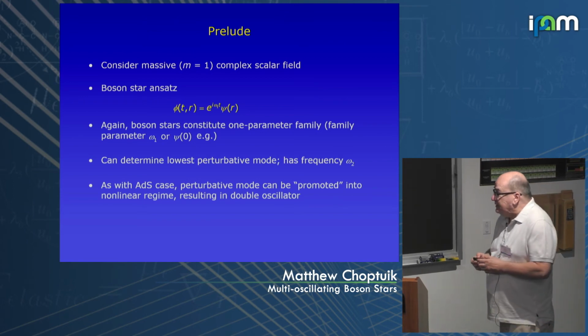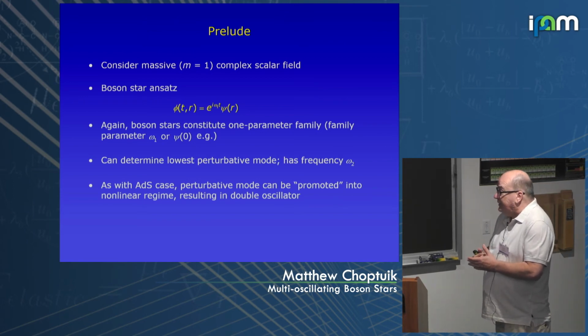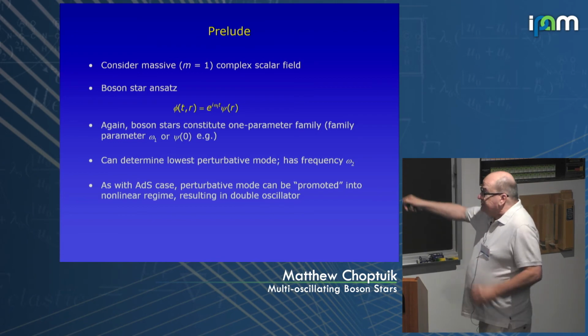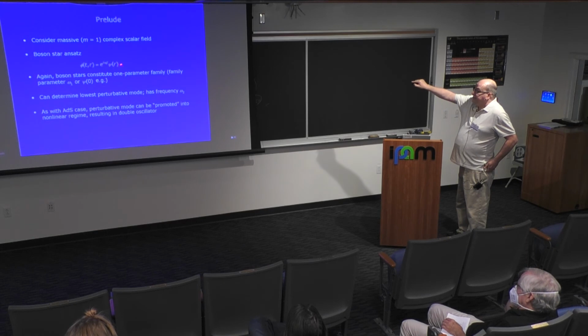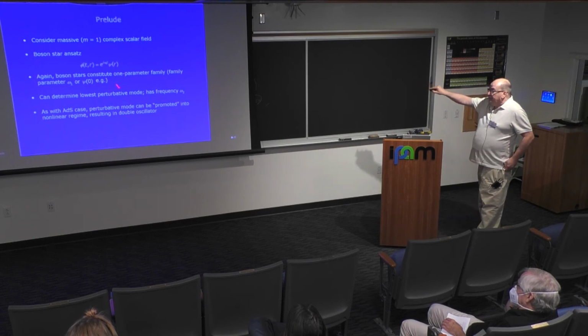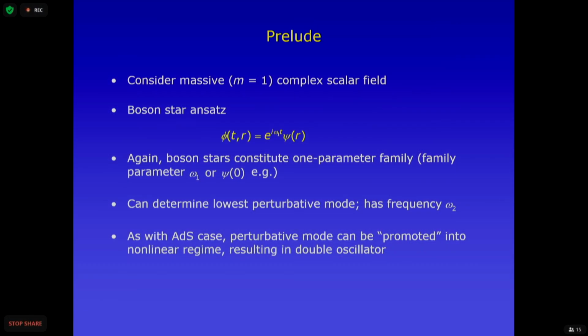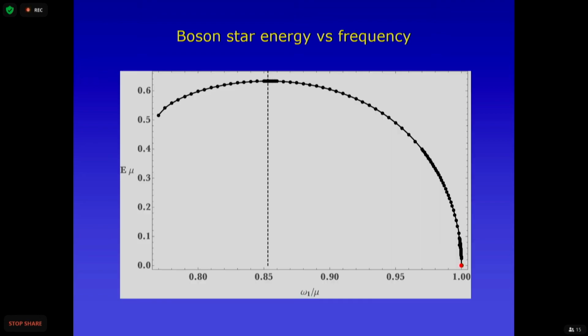So let's consider the massive complex scalar field with m equal to 1. Make the boson star ansatz again, so phi of t and r is e to the i omega 1 t times psi. Once more, you get a one-parameter family, where the parameter could be omega 1 or psi of 0. Let's determine its lowest perturbative mode with frequency omega 2. As with the AdS calculations, we can take that perturbative mode and promote it into the nonlinear regime, and that gives us a double oscillator.